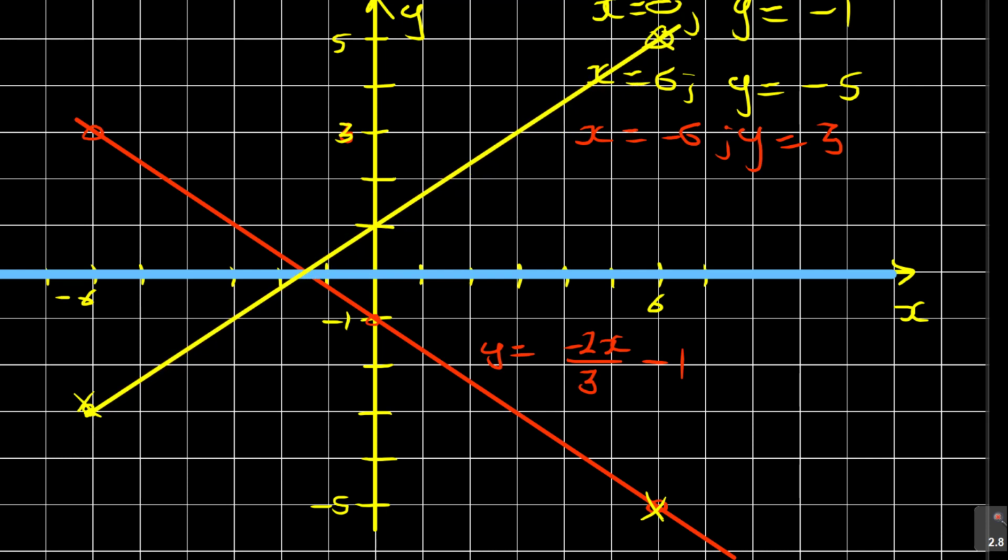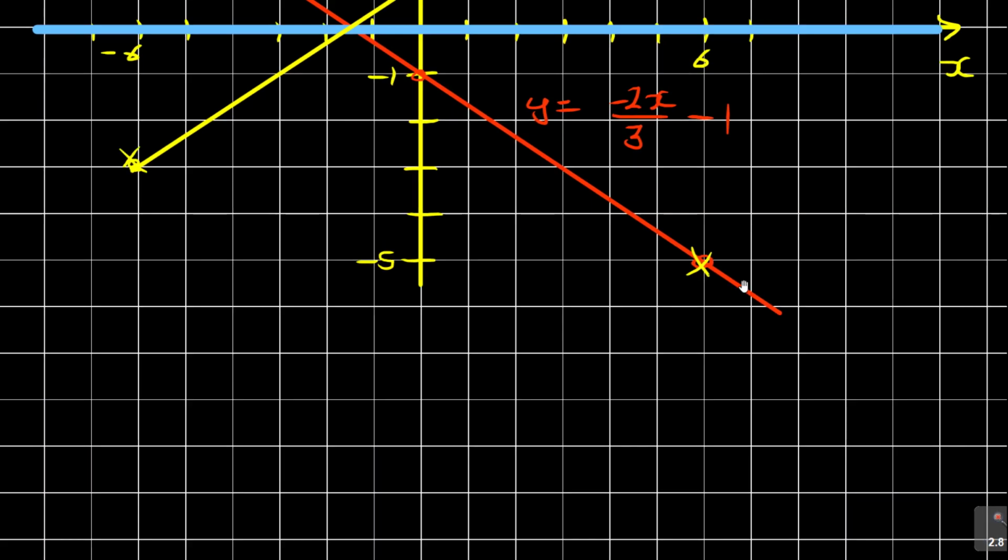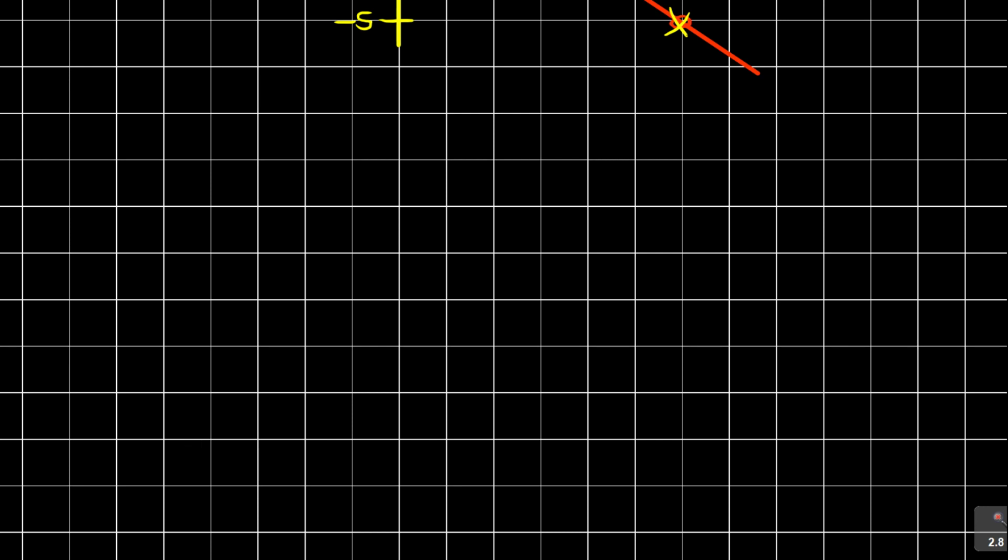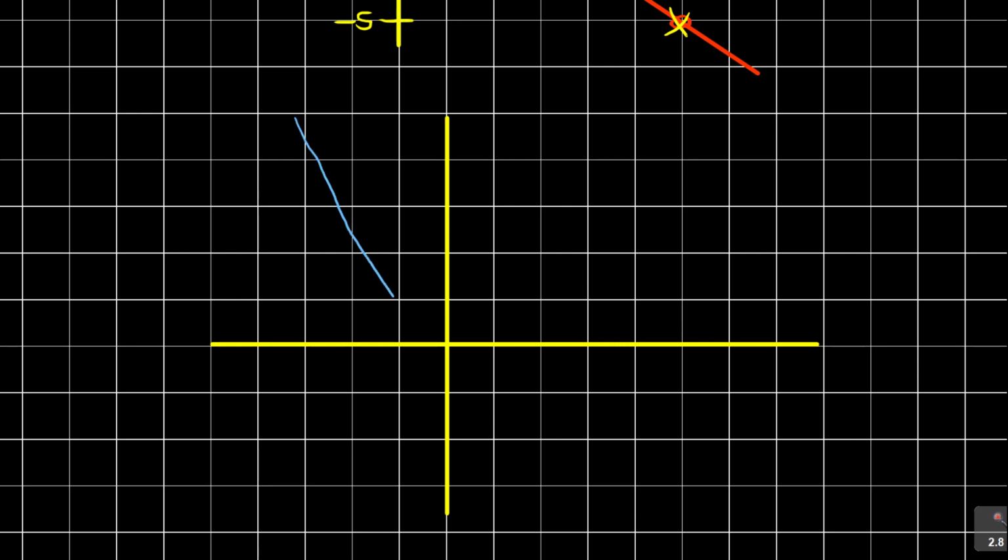See that? Now what I've done is I've reflected this graph along the x-axis. Now if they're asking, is this graph symmetrical? This graph is not symmetrical, because, let me make another example of a symmetrical graph, just so that you can understand what I'm trying to drive at. If I draw a graph like this, and I take this graph and reflect it along the y-axis, you will get this graph.